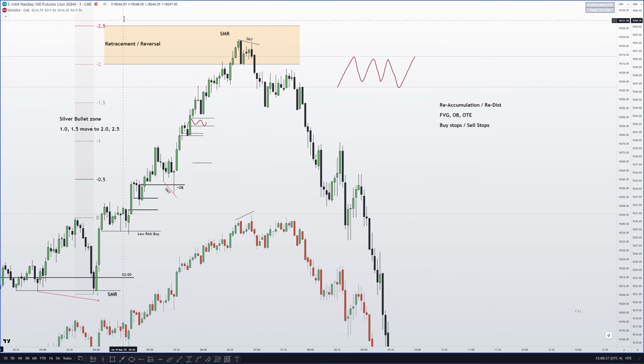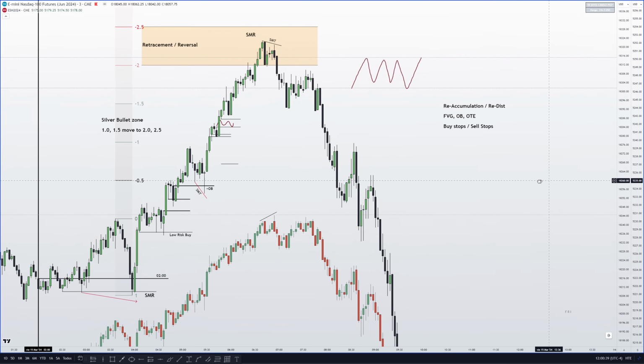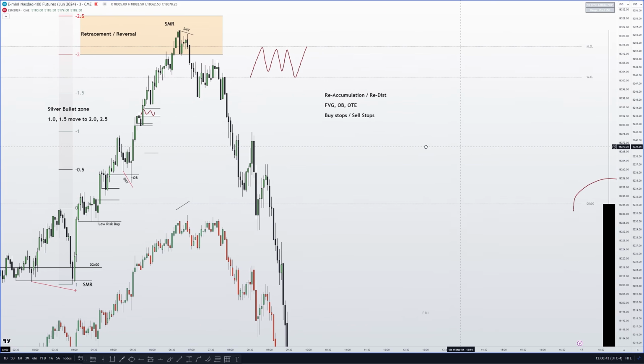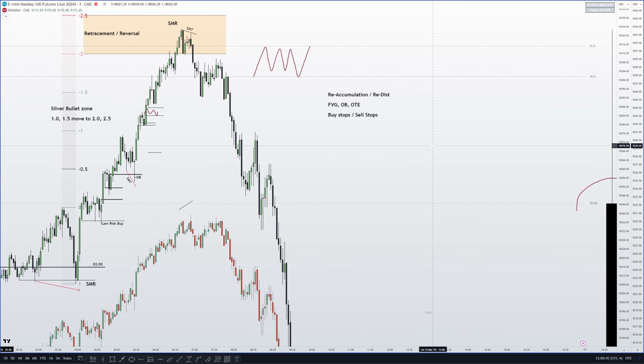So in 2 and 2.5 deviation, the time level, look, time levels here. The timing, remember, time and price, but time is not only for macros and kill zones. No. The time is deeper.